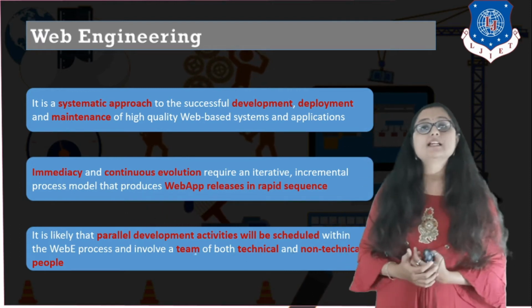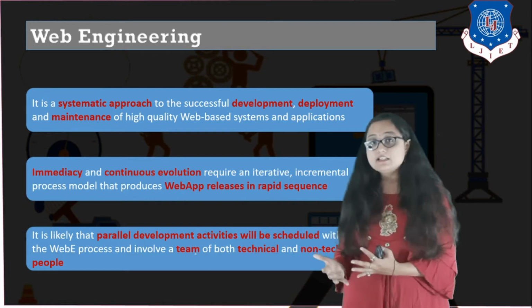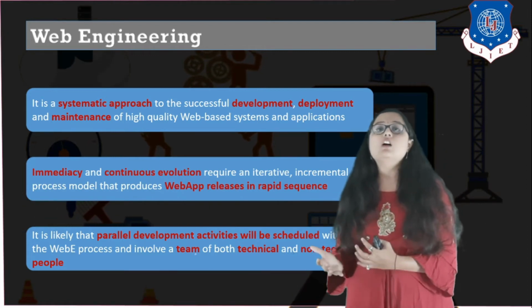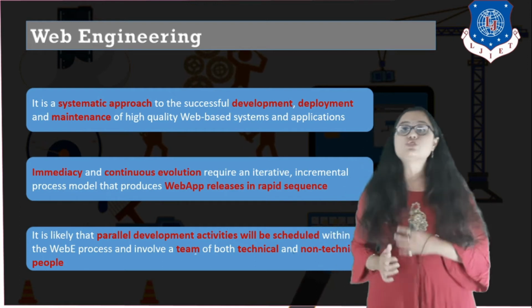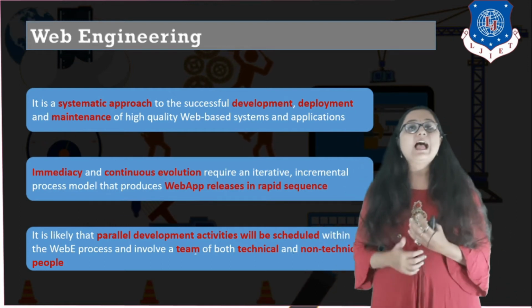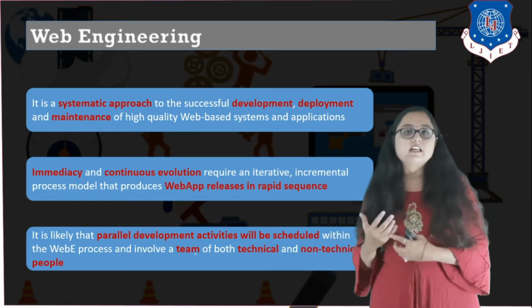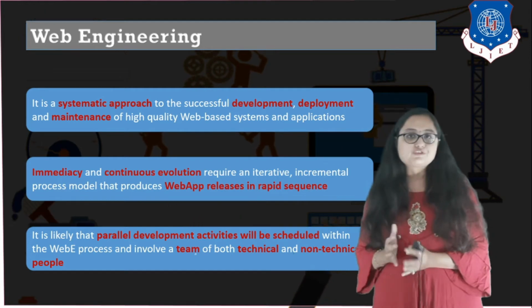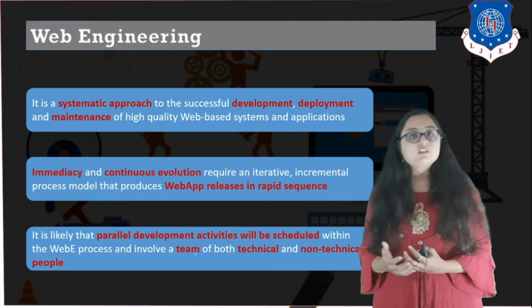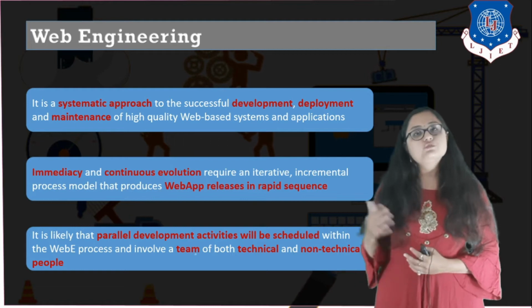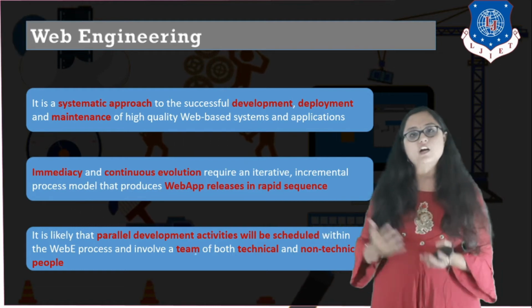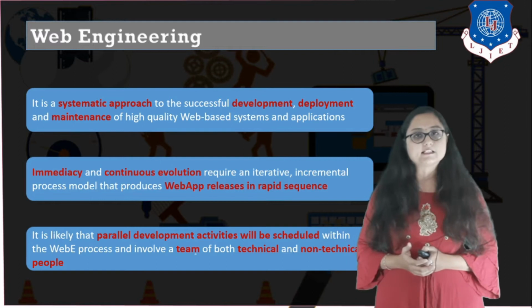Also in web based engineering, not only the technical staff is involved in the process, but also non-technical staff, who write the content or develop the graphics, video or audio for the web. So we need to schedule both the technical as well as non-technical staff.